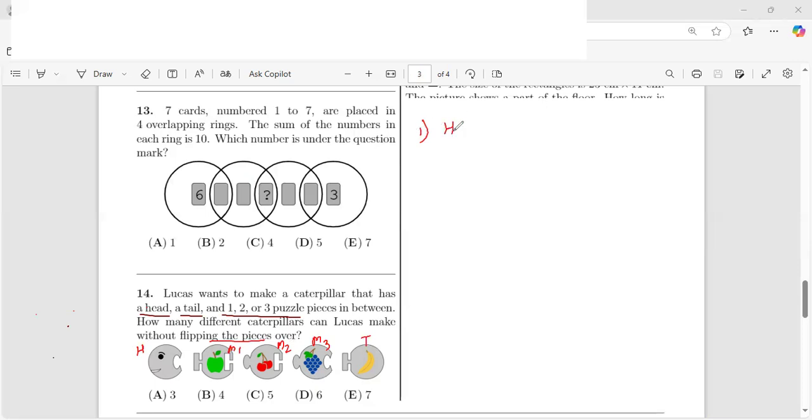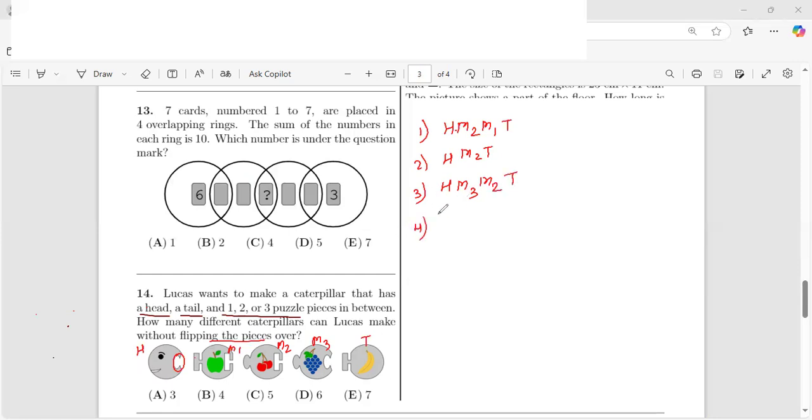So he can make a head. Now this one will not fit in here. M2 will fit in. Okay, M2 can fit in, and then M1 can fit in, and then the tail can fit in. Also head will fit in. I can also have the M2 and the tail directly, and then I can have the head, M3, this can fit in, and then you can have the M2 and the tail.